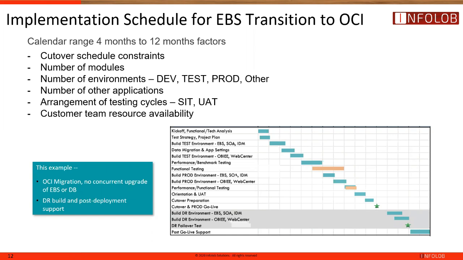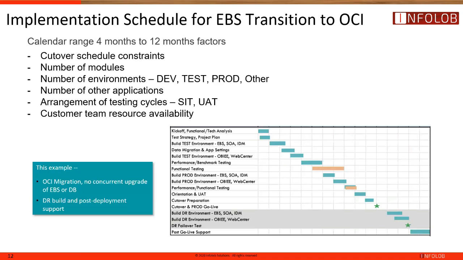Things you really need to consider when you're doing your project planning are the number of modules, environments, what other applications, and the arrangement of testing cycles. Usually people will want to go through 2 to 3 testing cycles when moving EBS over, and usually we'll do that around the environment.